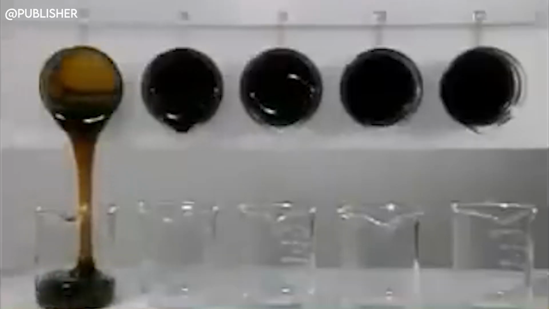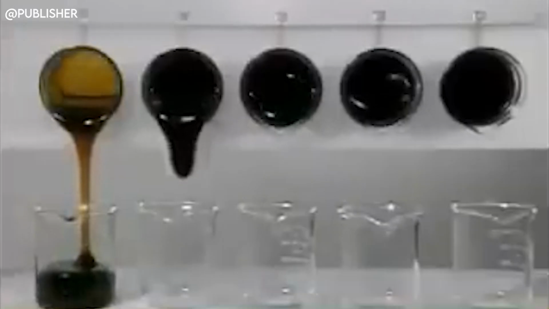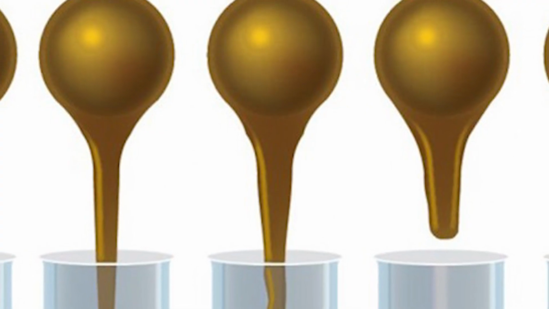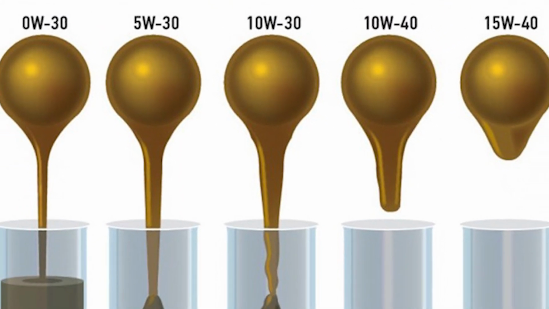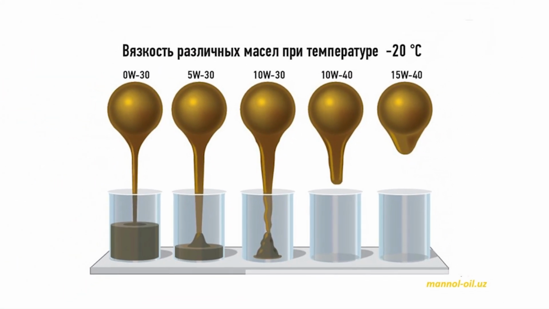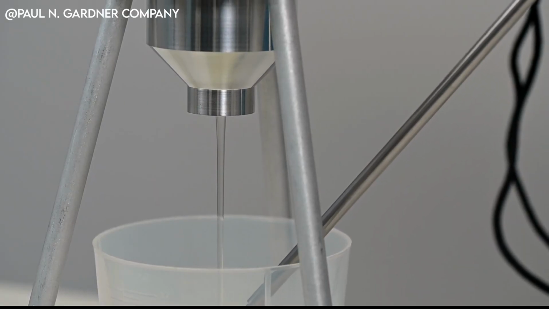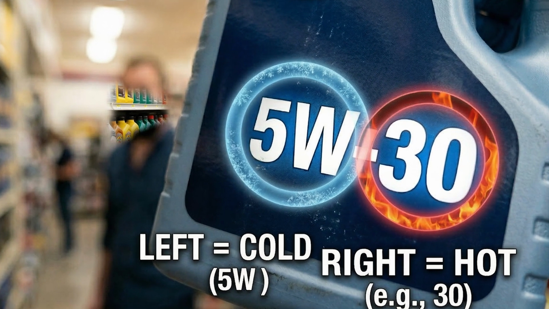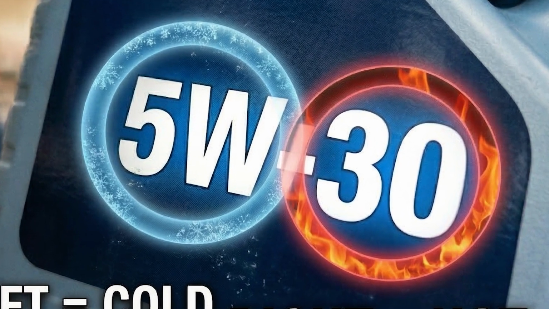And the oil flows through it, and the lab times exactly how long it takes to get from one end to the other. If the oil moves through slowly, it gets a higher number. If it moves through quickly, it gets a lower number. That number is what ends up on the right side of your oil code.